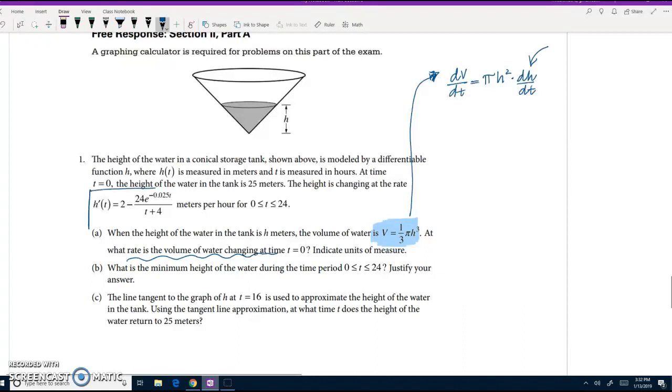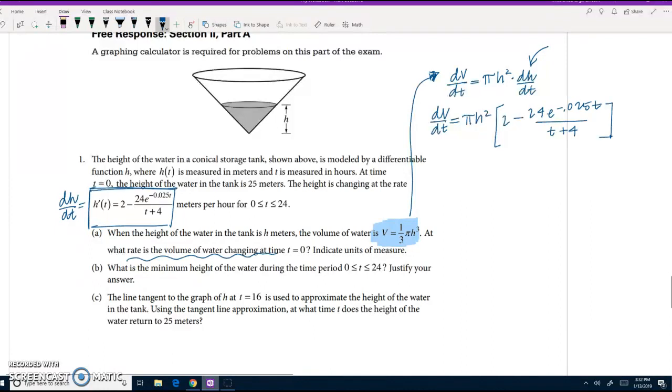The problem gives us dh/dt. So remember, dh/dt is the same thing as h prime of t. So we have that equation. So we can think of dV/dt being equal to pi h squared times that whole thing, 2 minus 24e to the negative 0.025t over t plus 4.